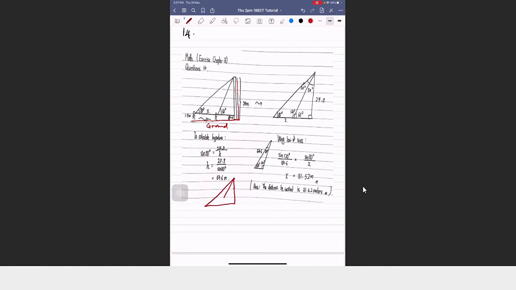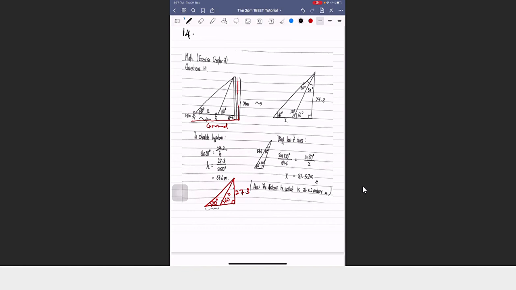So you have something like this. Just now this is 30, this is 60, and this is 27.3. Just now I mentioned, this is what you want to find, this length.